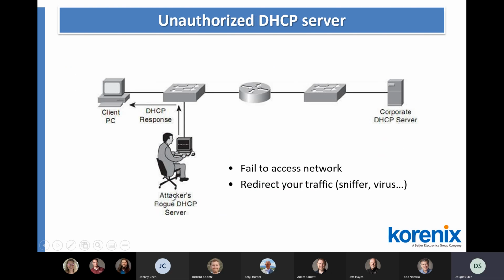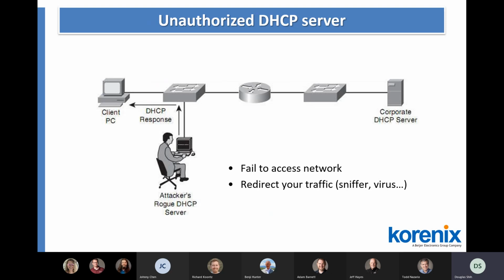Usually, if your PC gets an IP address from the authorized DHCP server, that means the IP address should be able to access the network, and the function should work smoothly.